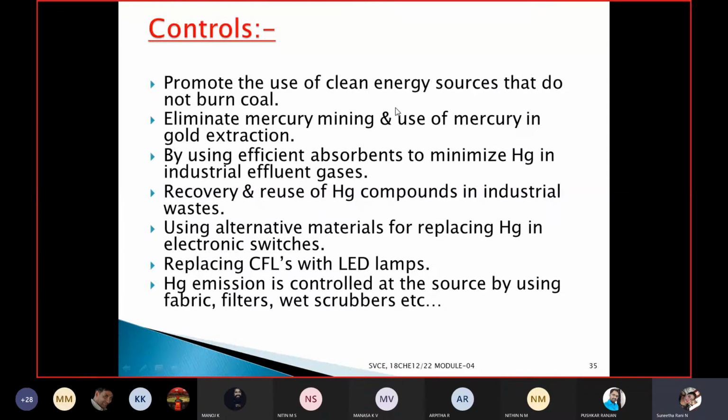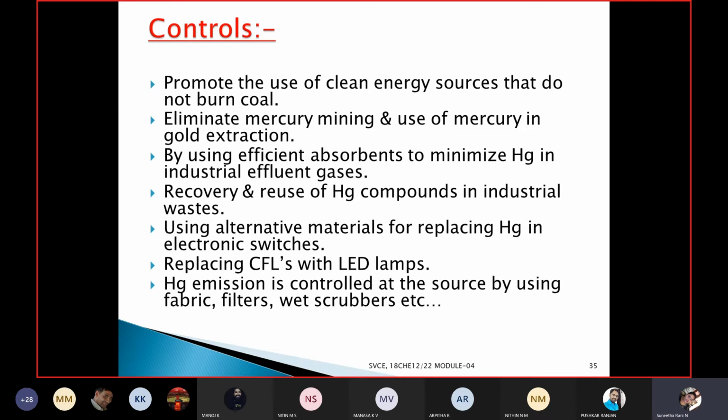Promote the use of clean energy sources that do not burn coal, eliminate mercury mining and the use of mercury in gold extraction by using sufficient absorption, and minimize mercury in industrial effluent by recovery and reuse of mercury compounds in industrial waste.